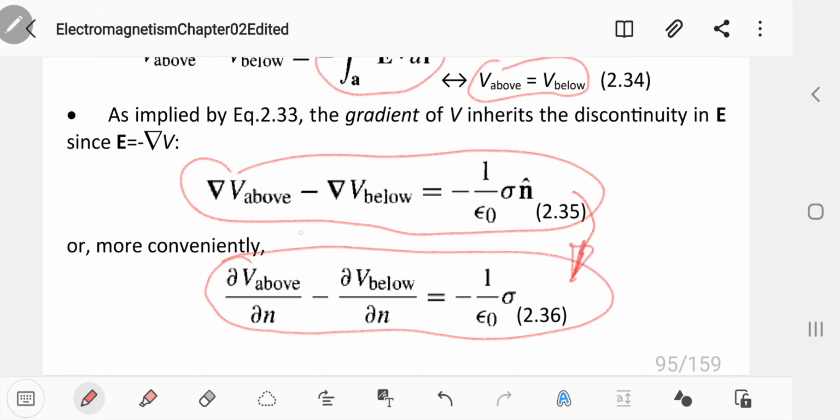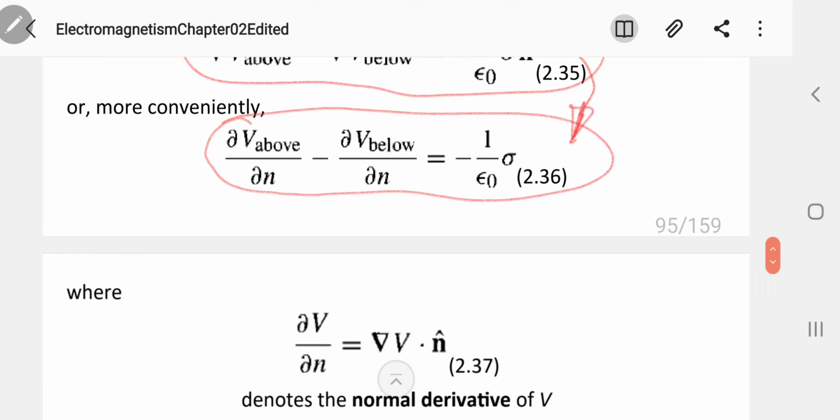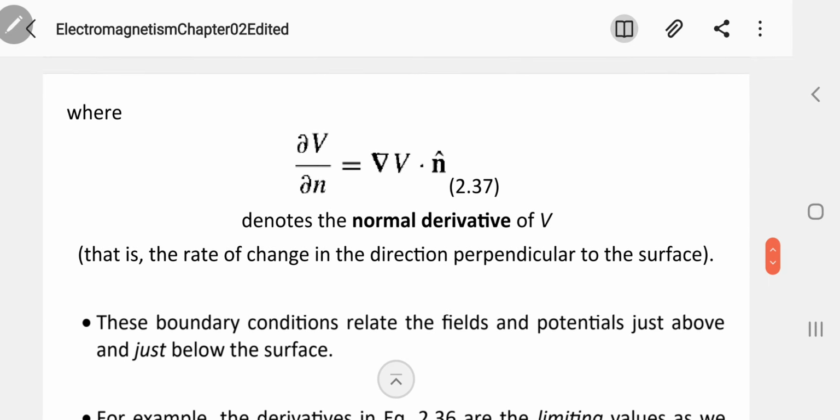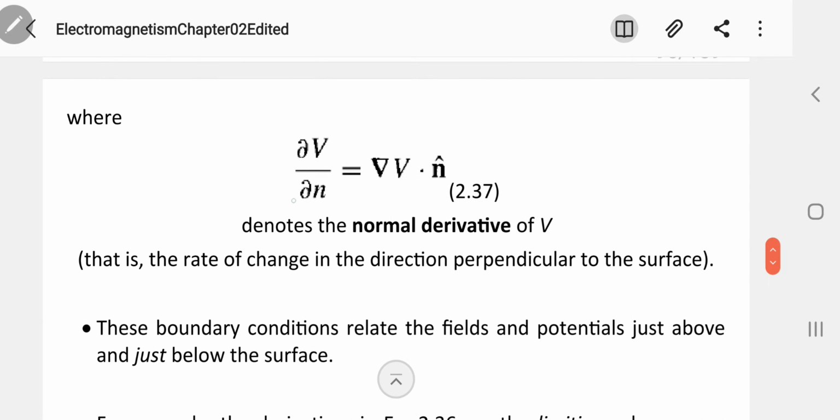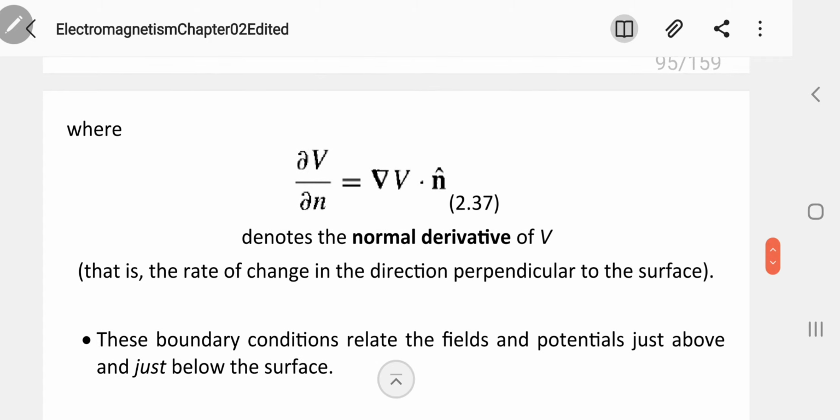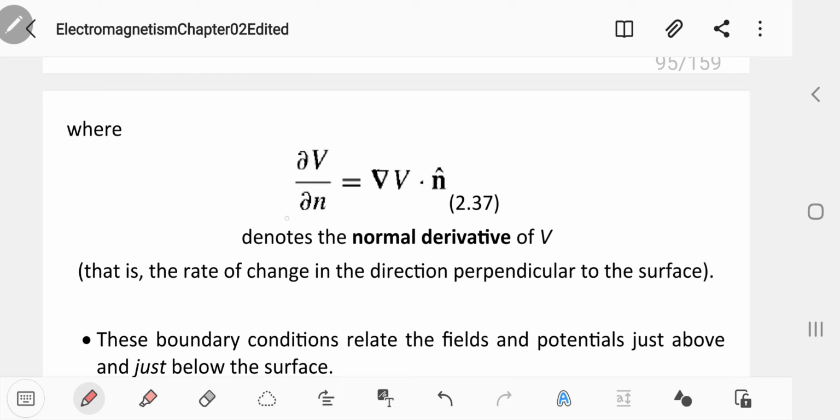So now let's continue. Of course, your partial of V with respect to n will just be the normal-to-the-surface derivative. So only one component of this that is normal to the surface.